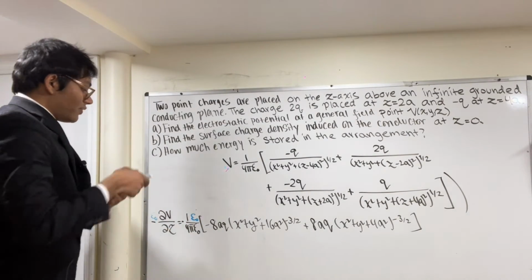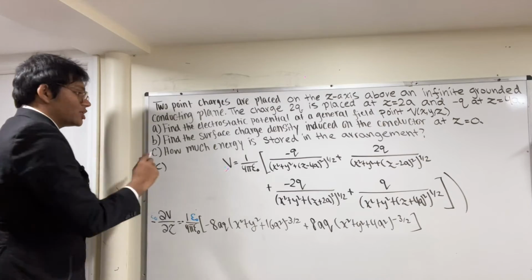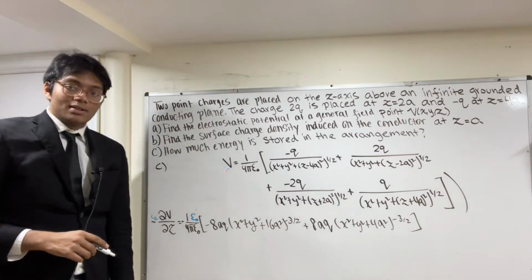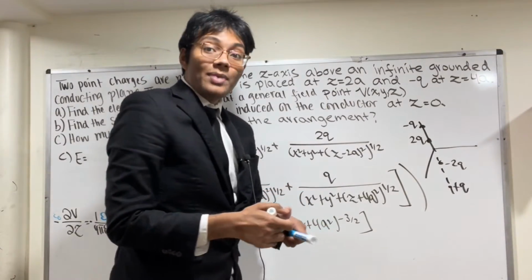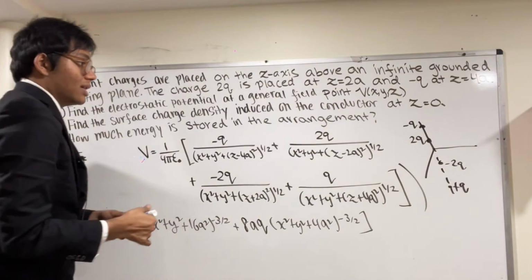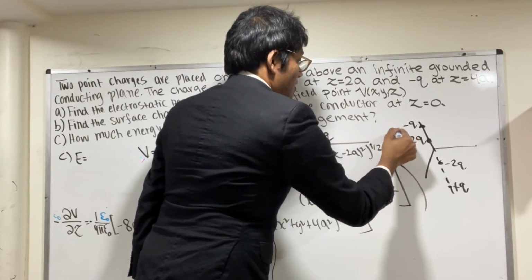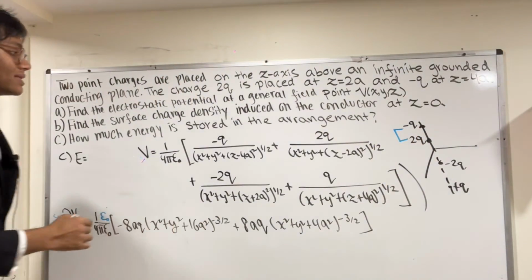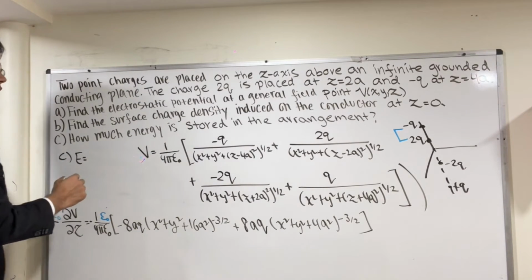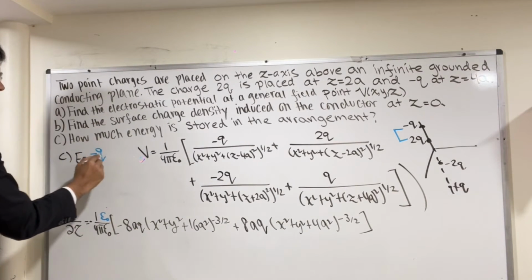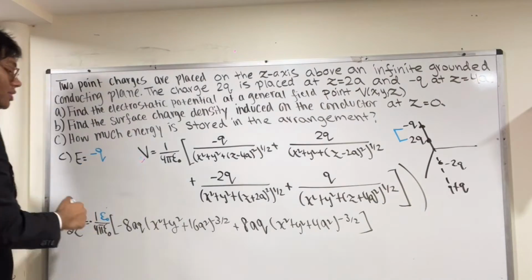The final part of this problem asks us to find how much energy is stored in the arrangement. Well, all we have to do is find the pairwise potentials. So let's first consider these two. What's the pairwise potential for those two? Well, Q times the potential due to 2Q.